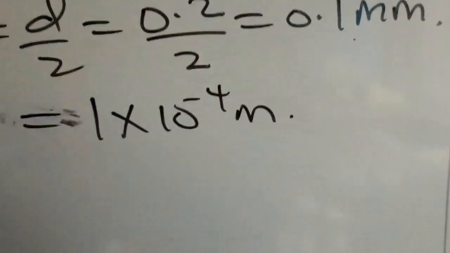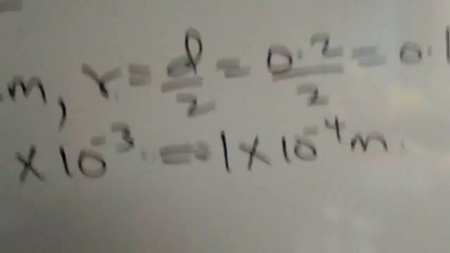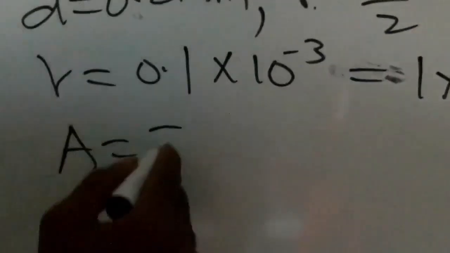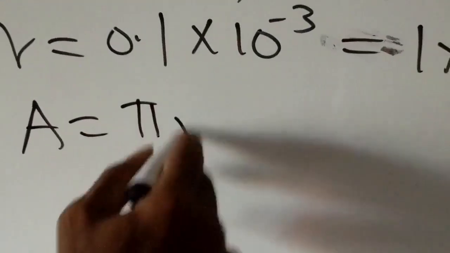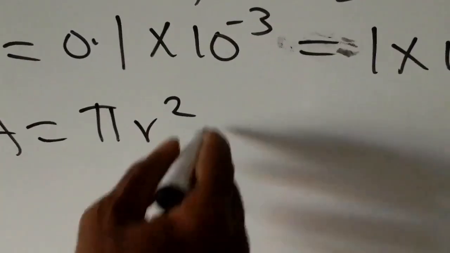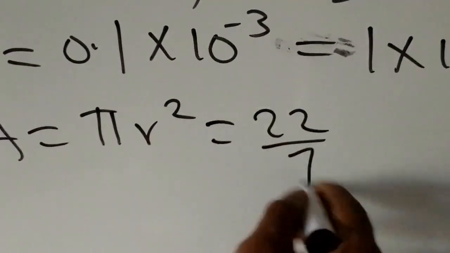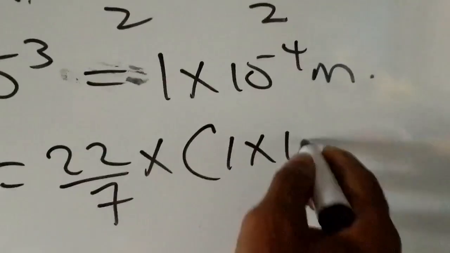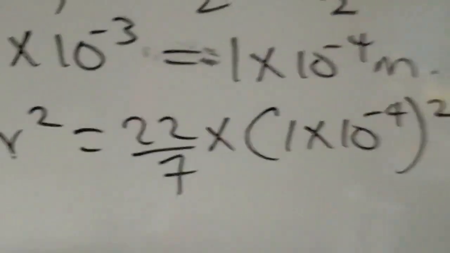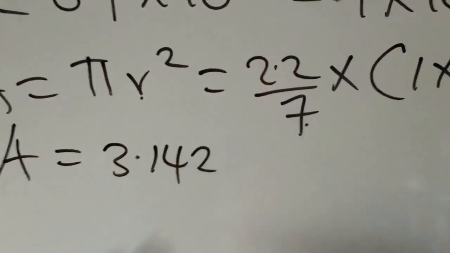Now, having done that, we'll go ahead and find the area of the wire. The area of the wire is given by pi r squared. We are taking pi as 22 over 7. We now have 22 over 7 as our pi times the radius, 1 times 10 to the power minus 4, all squared. 22 over 7 is approximately 3.142.